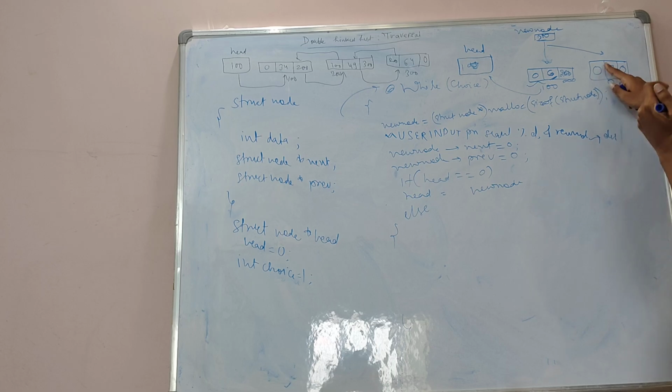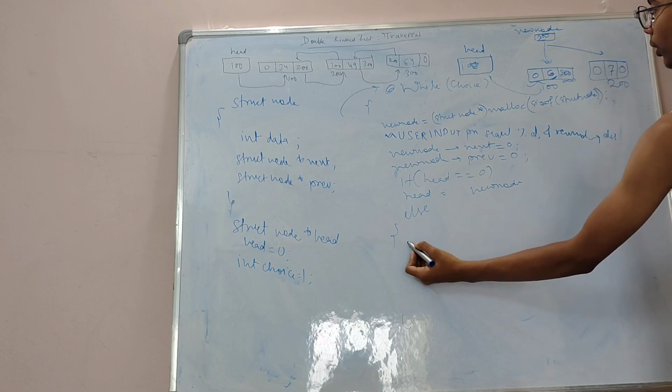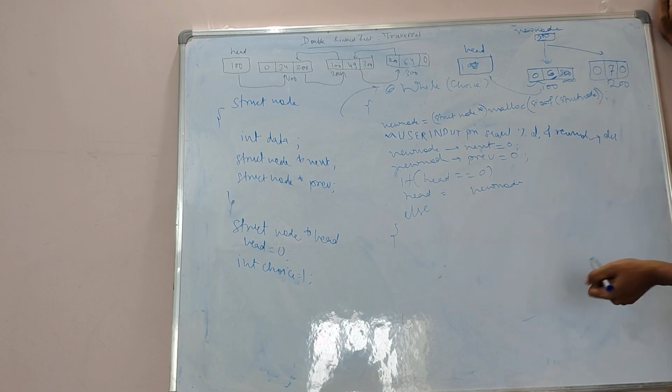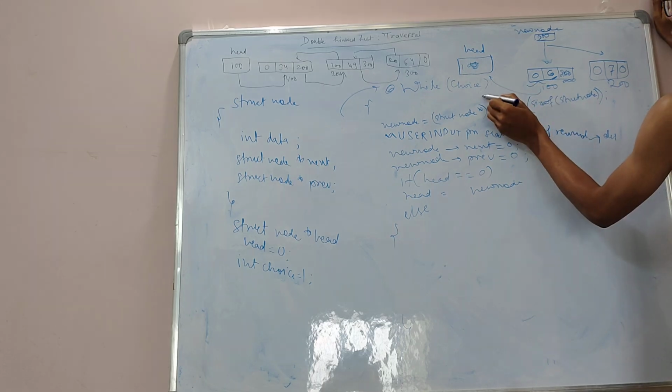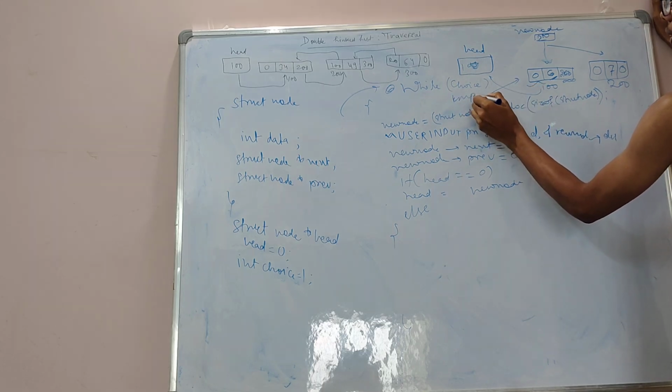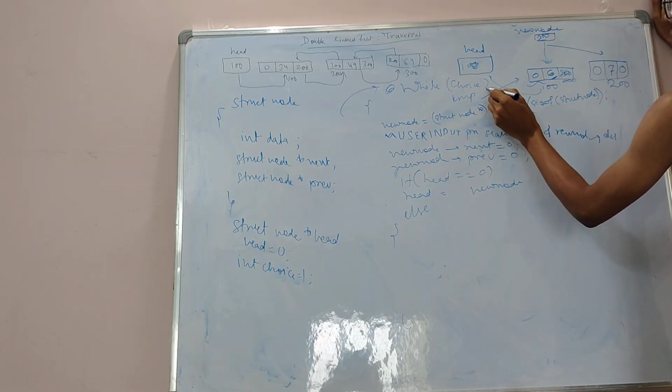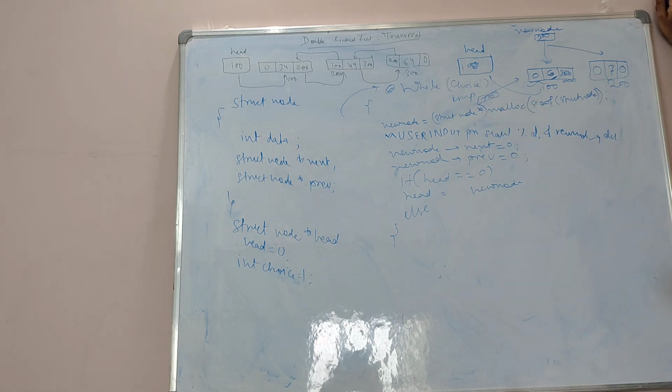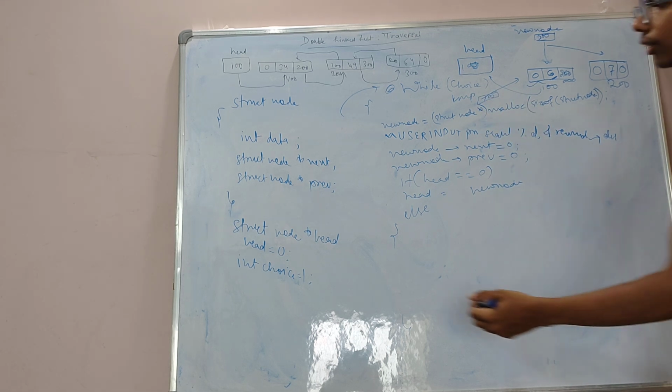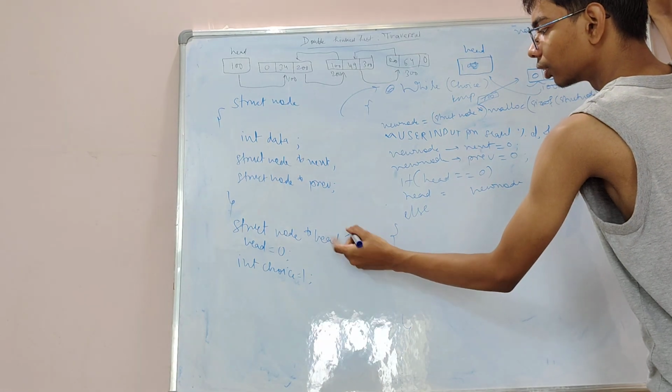And here 100. So first what I will do, I will take a variable temp, and temp I will start pointing toward my first node, right? With the help of temp I can do my things. So I will declare here one more, right?